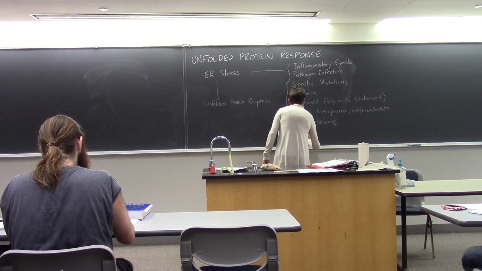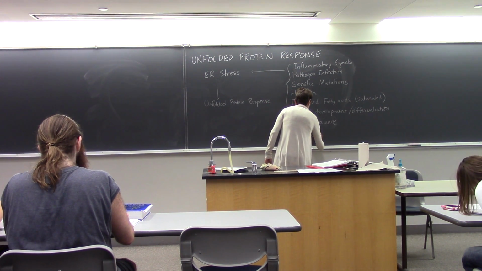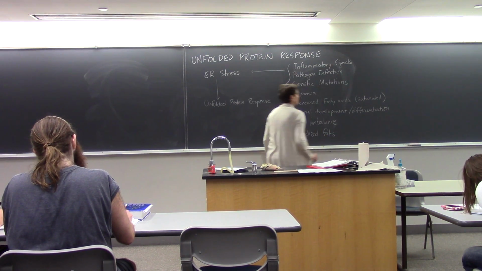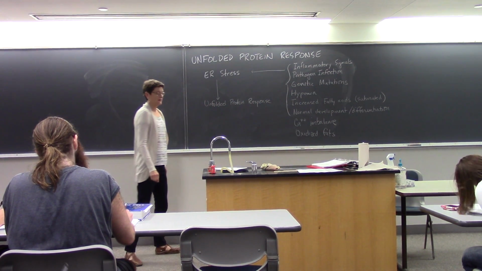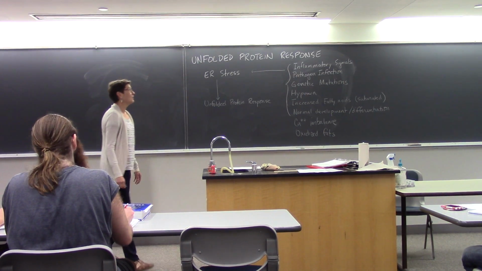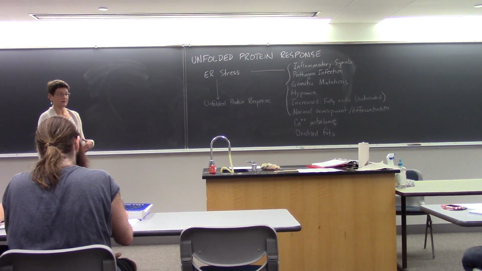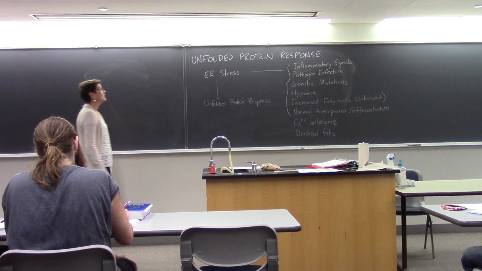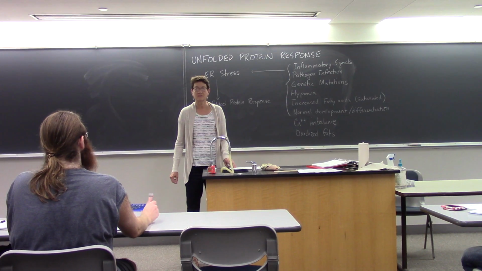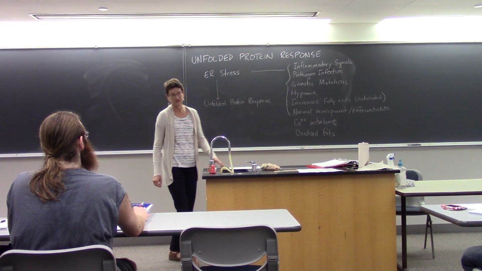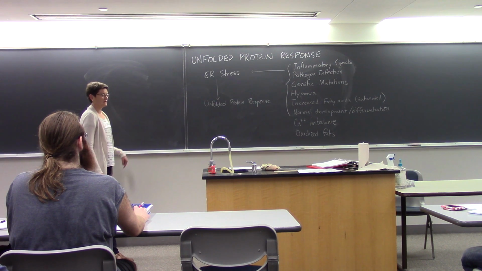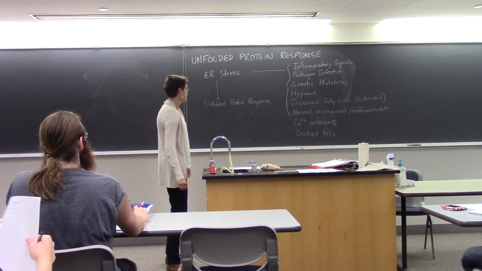Oxidized fatty acids. I'll just say fats because it doesn't necessarily have to be just fatty acids. And there's probably more, but those are probably the ones that have been studied the most. So take a look at that article on insulin resistance. How many of these factors are present in a patient who's developing insulin resistance? Okay.